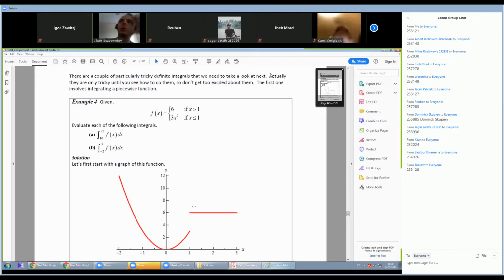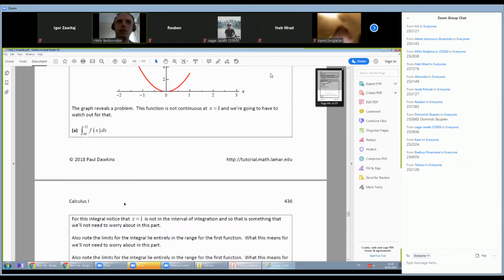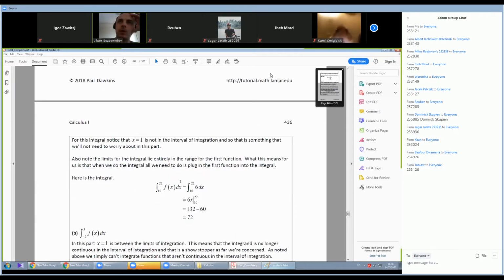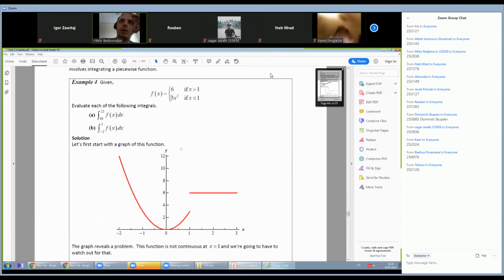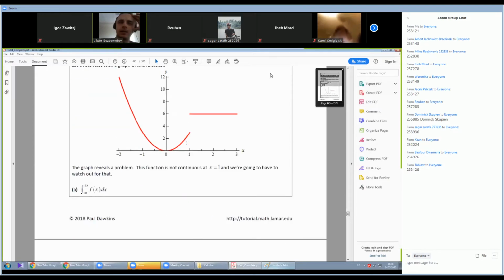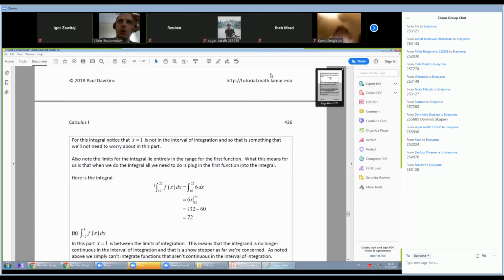So you cannot apply your theorem in this case. But what you can do, first of all, the first interval does not involve this point. So the first interval is pretty easy, right? So if x is greater than 1, then f of x is just 6. So this is pretty easy, right? So you get just this, and this is all computed.